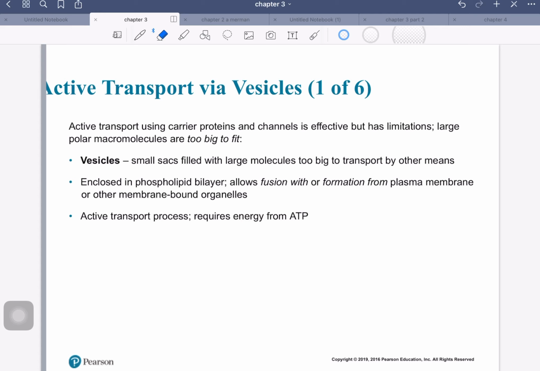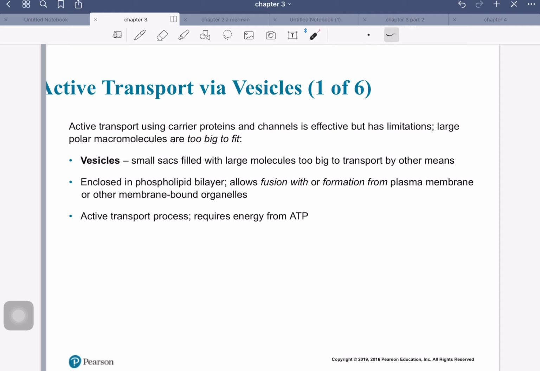In this video, we'll be looking at vesicles in terms of membrane transport. In previous videos, we've looked at active transport, primary and secondary active transport. Now, active transport using carriers and channels is a good way of getting a lot of things across that membrane.